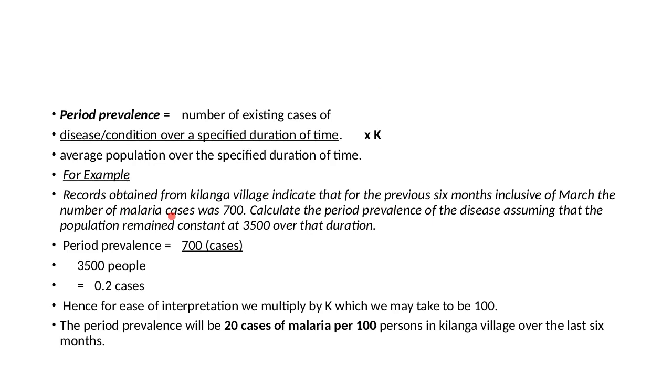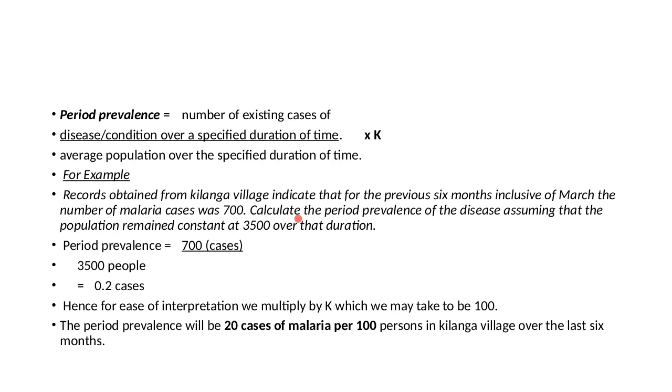For example, records obtained from Kilanga village indicated that for the previous 6 months, as you can see, is a duration of time, inclusive of March, the number of malaria cases was 700. So calculate the period prevalence of the disease, assuming that the population remained constant at 3,500 over that duration. There were no new births or deaths.